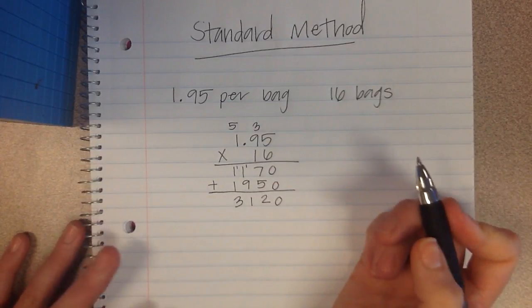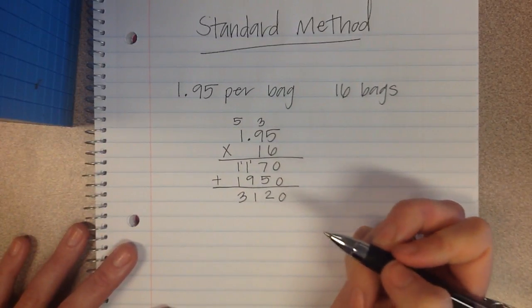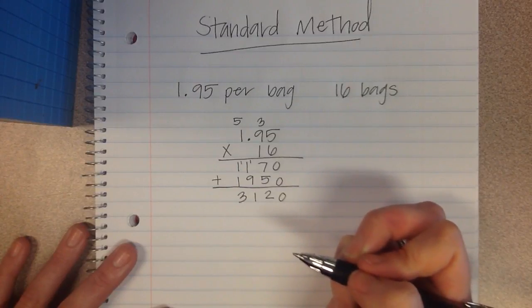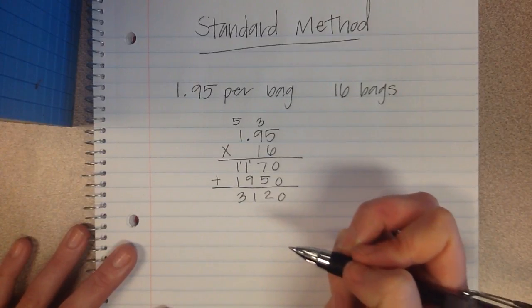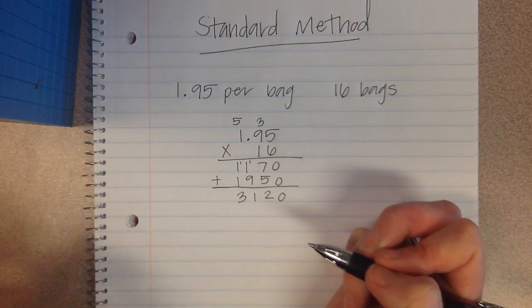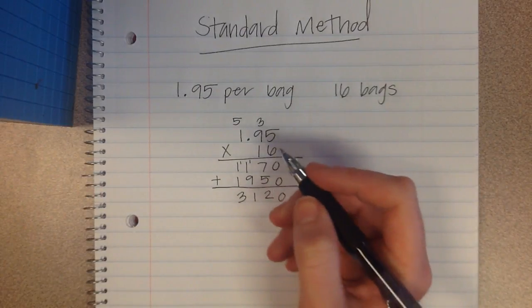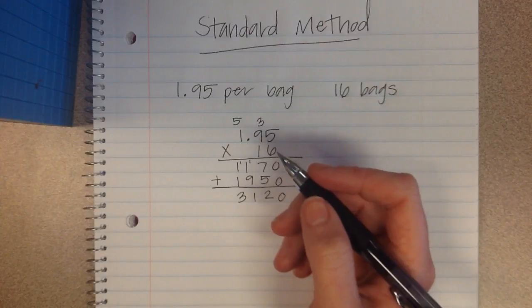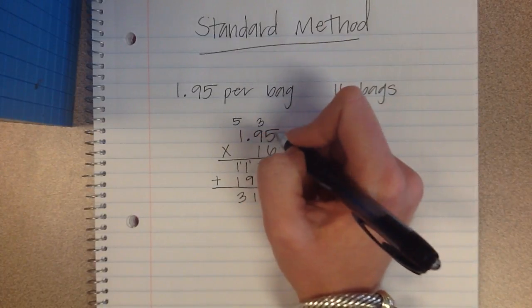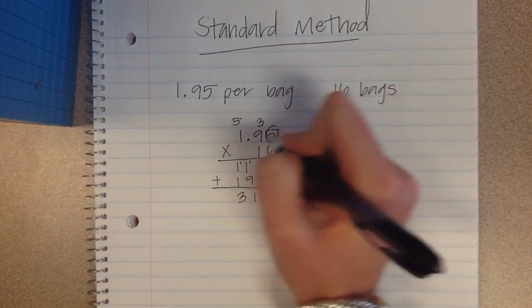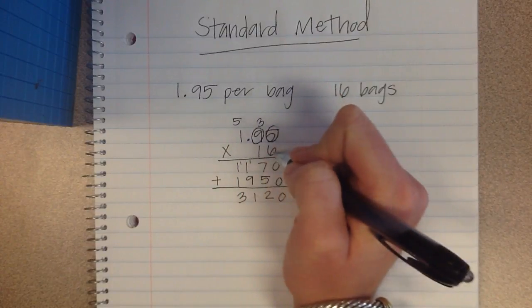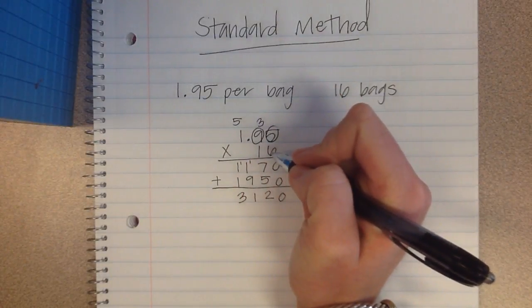I am not done because I promise you I would not pay $3,120 for 16 bags of Skittles. I hope that is Costco amounts of Skittles if that was the case. So, I'm going to count how many decimal places I multiplied with. I have 1, 2. I have 2 place values behind the decimal that I multiplied with.